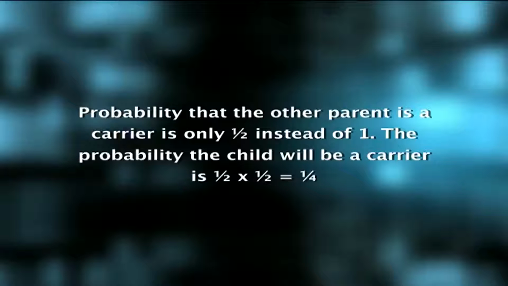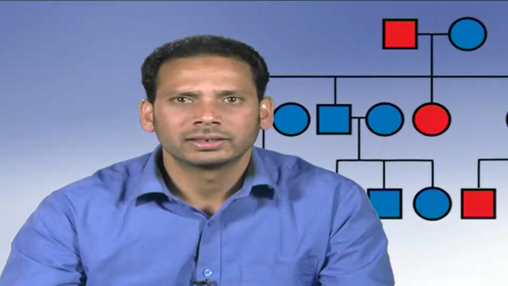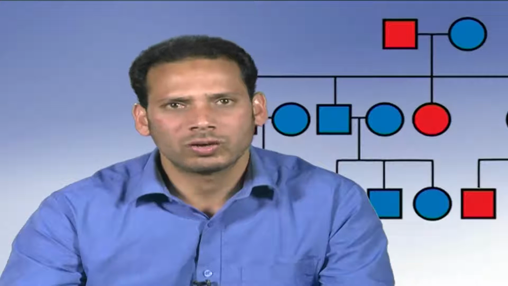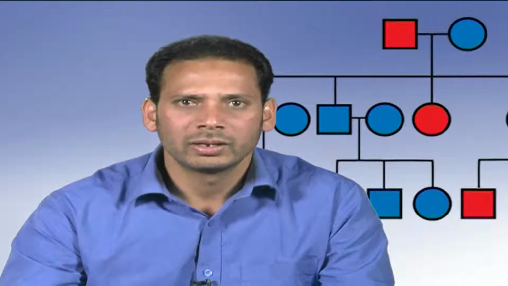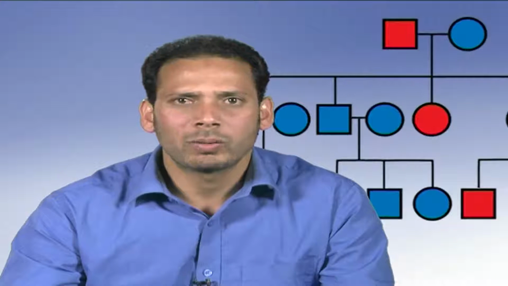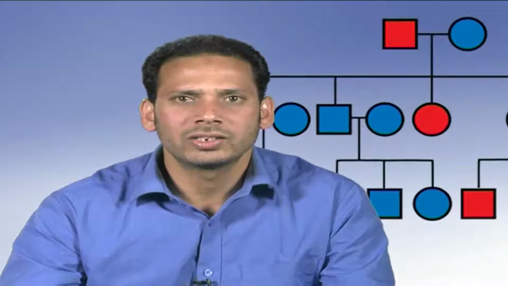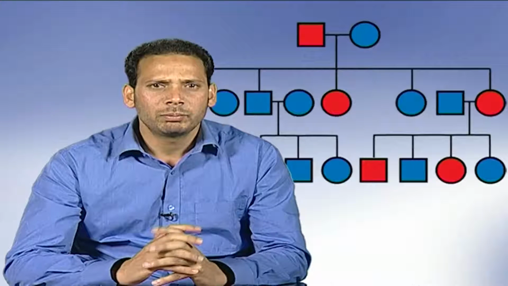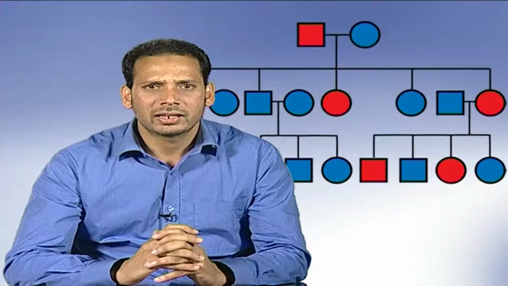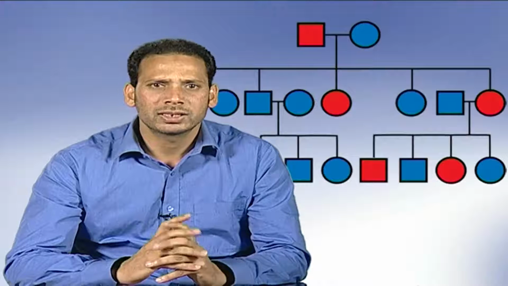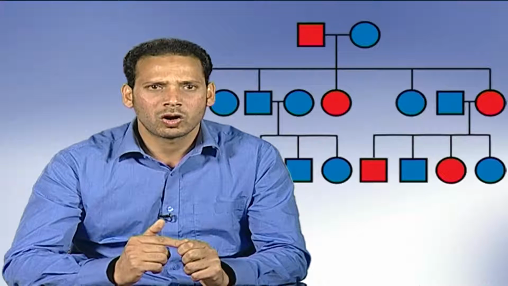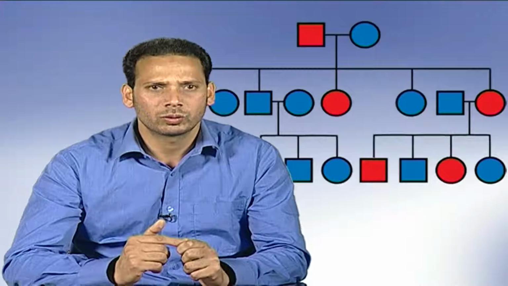Here is why. The probability the parent is a carrier is half. And if the parent is a carrier, the probability of passing the allele to a child is just half. The probability that the parent is a carrier and that the parent passes the allele is half times half, which is equal to 1/4.